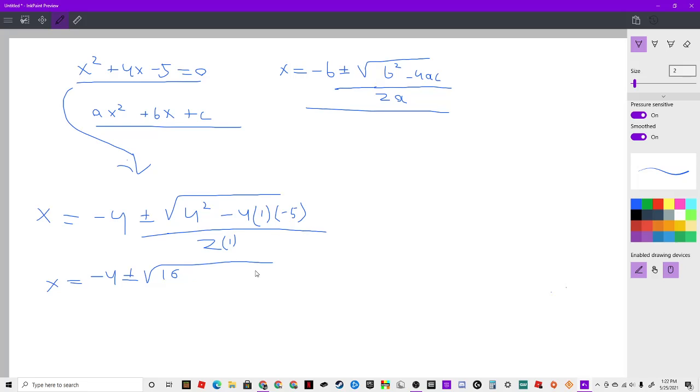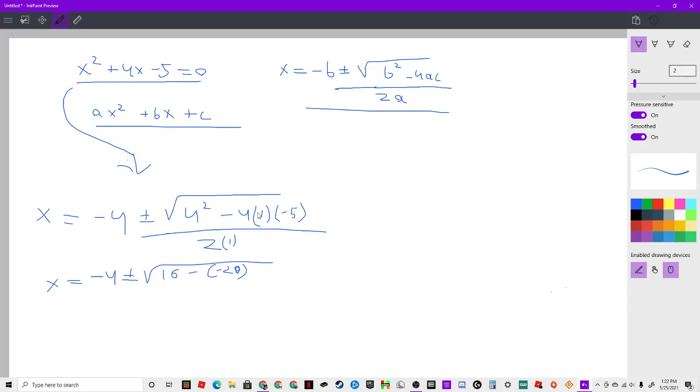Then you have negative 4 times 1 times negative 5. You could put it plus 20, or you could do it this way, which is minus negative 20.